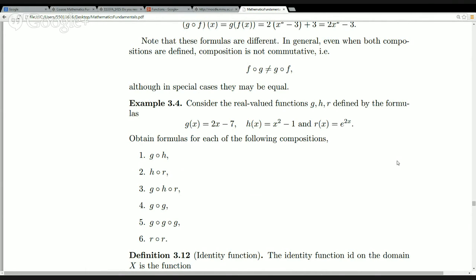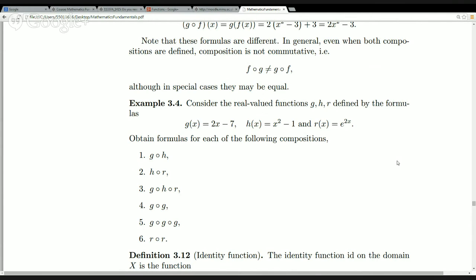So it's 2 times, what's that, 4x minus 14, minus 7. So it'll be 8x, no, sorry. It'll be minus 28, minus 14, minus 7, so that'll be minus 49.